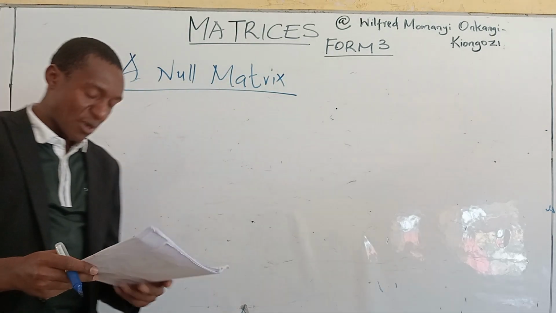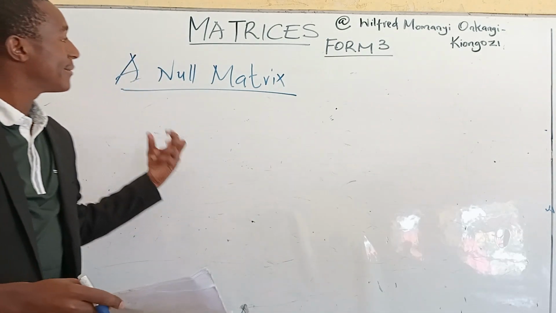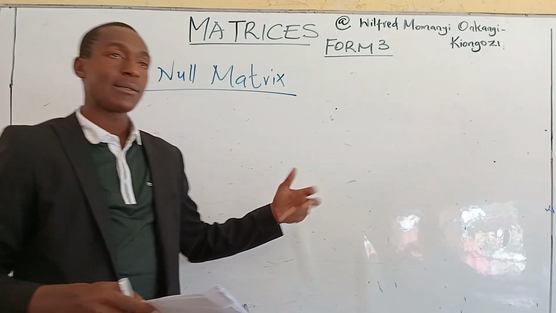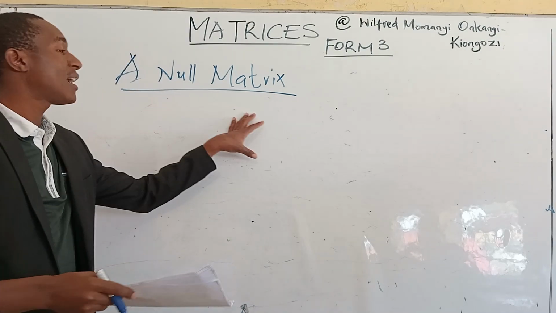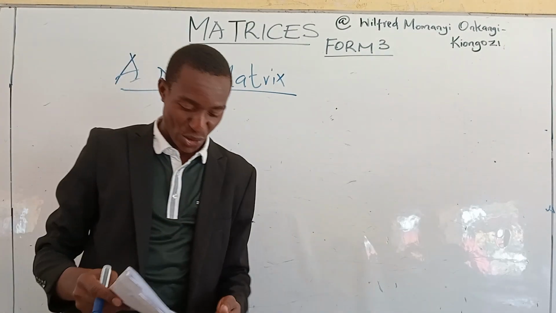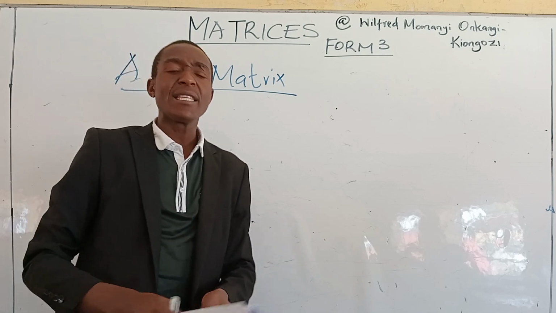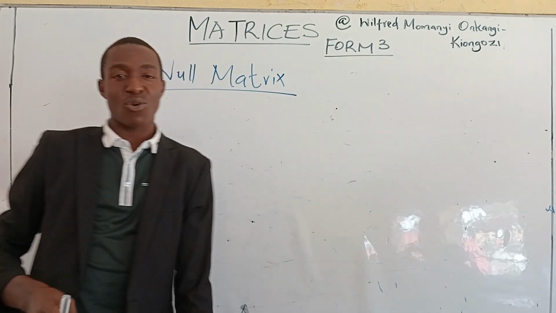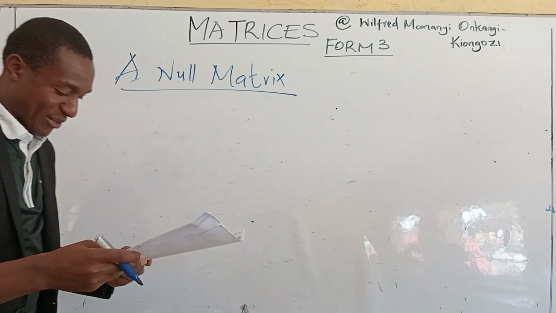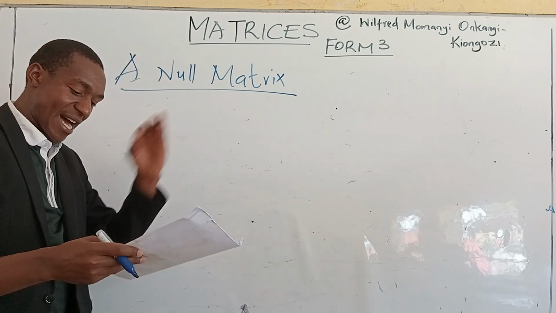People are fond of talking about null, which can also be referred to as a zero matrix. When you say something is null, some people say void. So a null matrix is a matrix in which all its elements are zero.